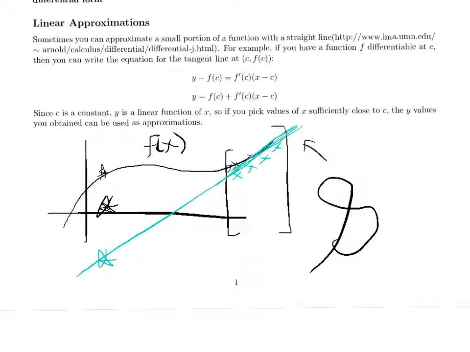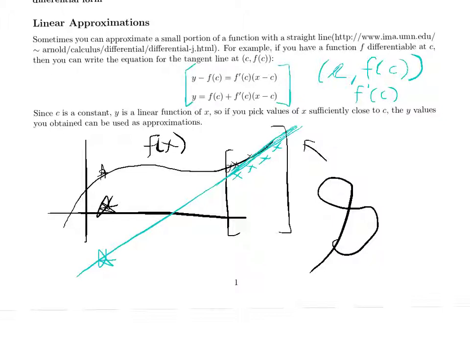Remember, we can always write the equation of a tangent line if we have a point, c, f of c, and a slope, which we've learned that derivatives mean slope, so the derivative at c would be the slope. So these are just ways to write that.